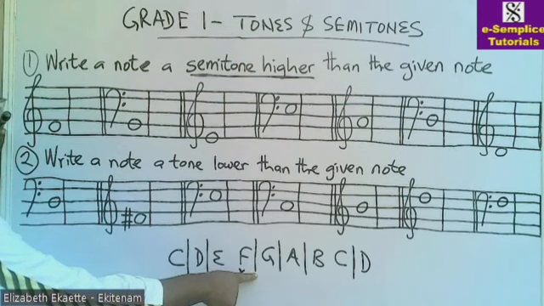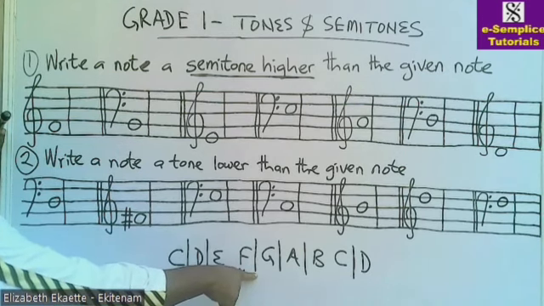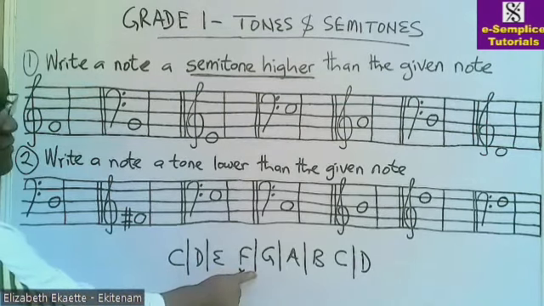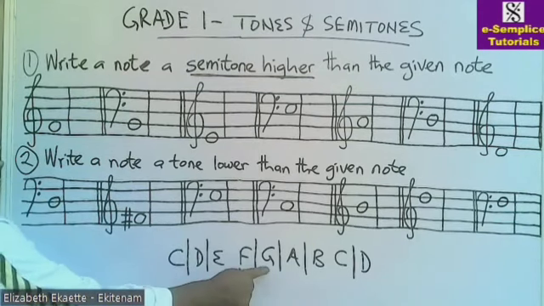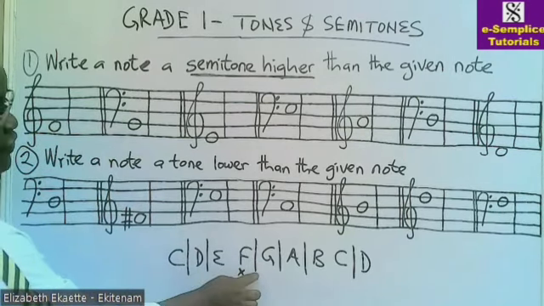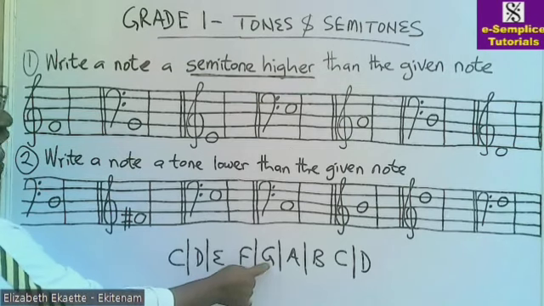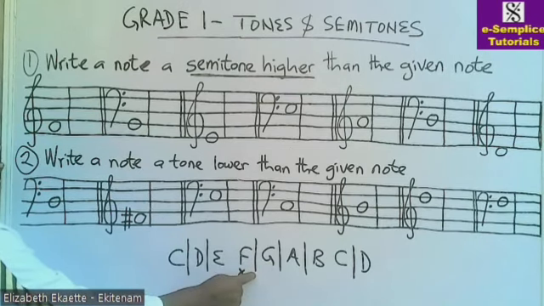If you have studied your keyboard well, or if your instructor has taught you keyboard, you will know that this black key has two names. You either call it F sharp or G flat. If you write F sharp, it is correct. If you write G flat, it is also correct. All you are looking for is a semitone higher than F, and that is this black key.